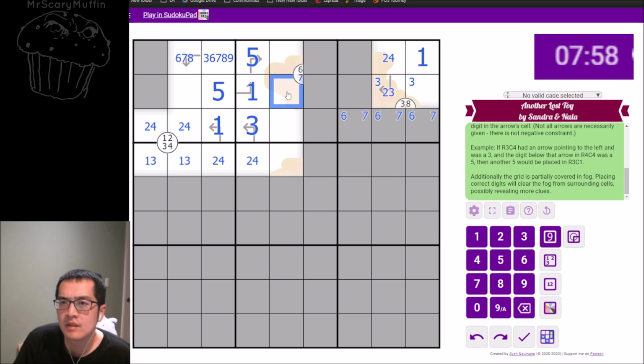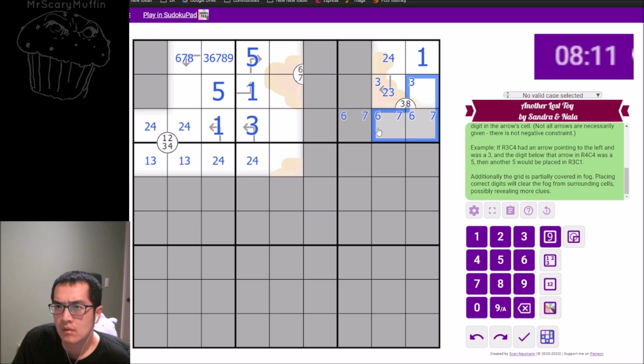I don't see anything that wouldn't work there. 8 is now somewhere here. That much we know. 2 or 4 would be here.